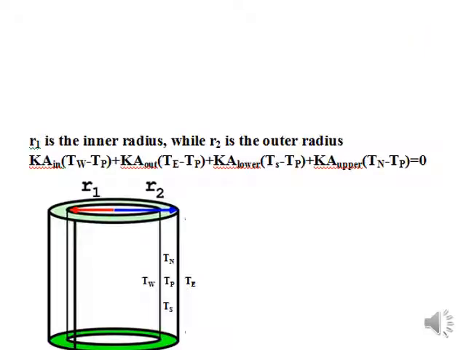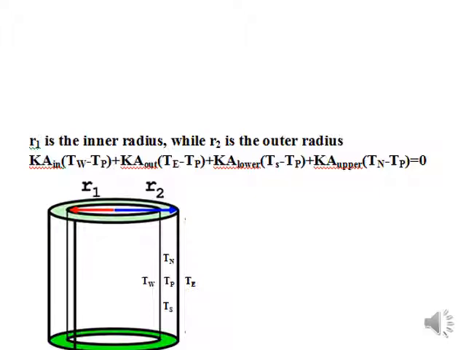consider. If you rewrite the equation of conduction, the K is multiplied by the area and the temperature difference. From the left, from TW to TP, you have the inner area, A inner, and from TP to TE you have the outer area, A out.